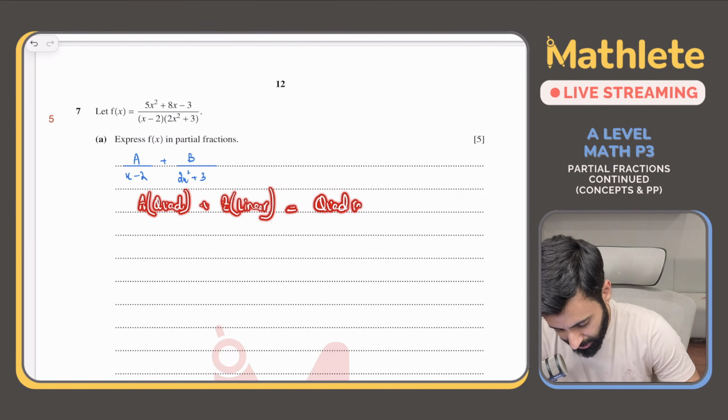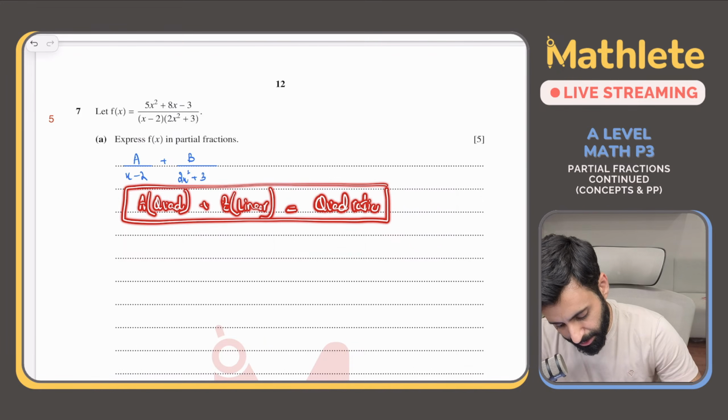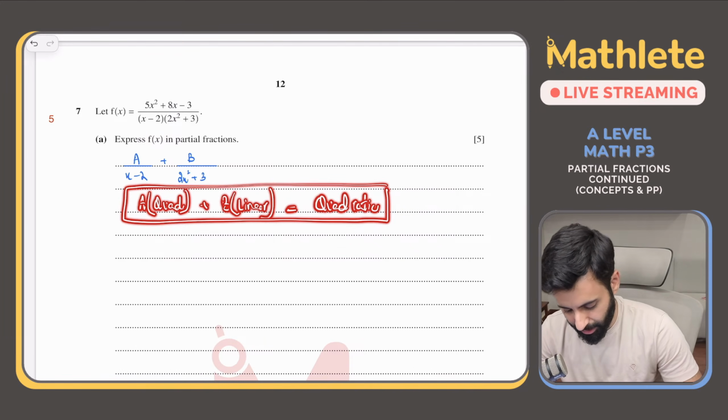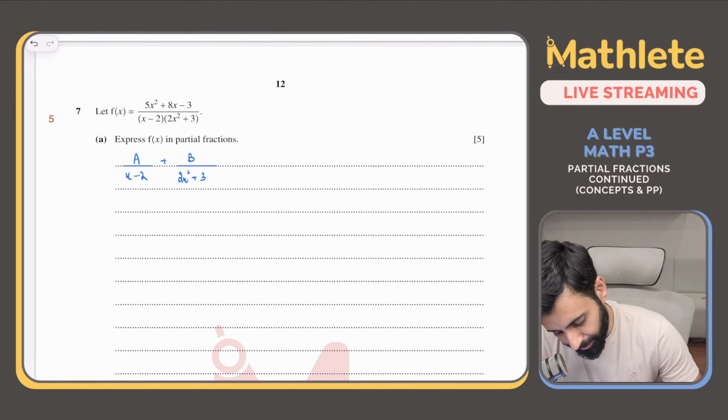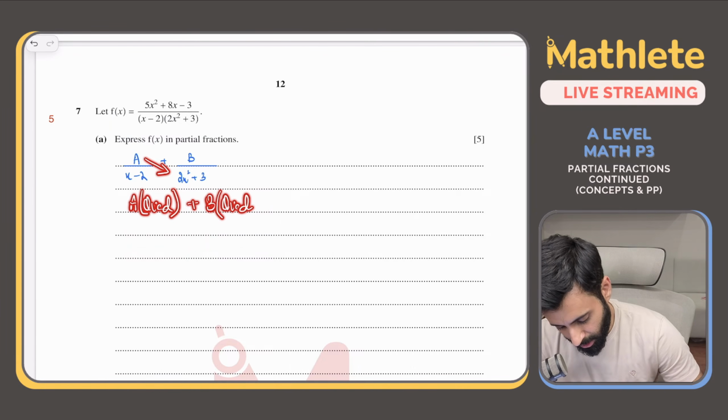But is this the only way this can happen? Is a multiplied by quadratic plus b multiplied by linear the only way to obtain a quadratic function? No. Another way possible is if we multiply a with a quadratic function and b also with a quadratic function, which in the end will also give us a quadratic function.